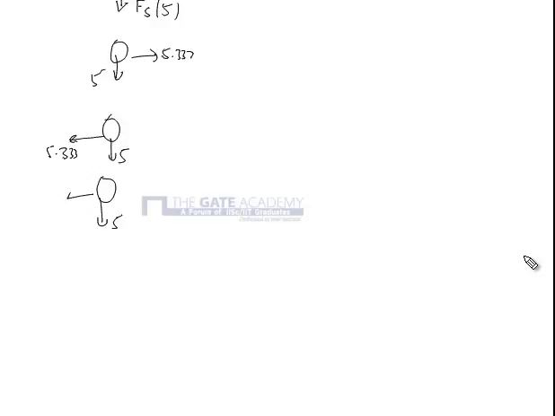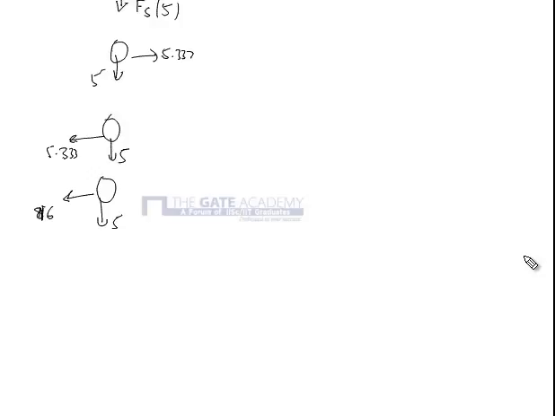Now let's put the direct load and the secondary load together. The direct load Fs is 5 always downwards, and the secondary loads are 16 on rivets 1 and 4 and 5.33 on rivets 2 and 3.